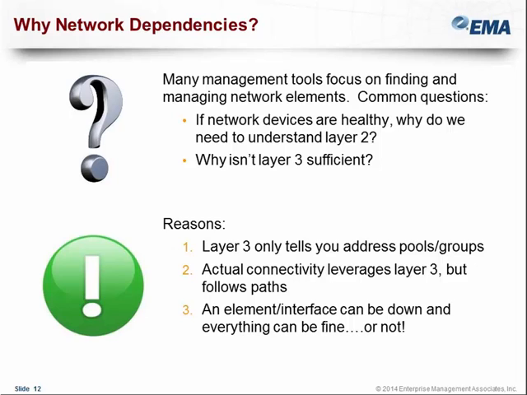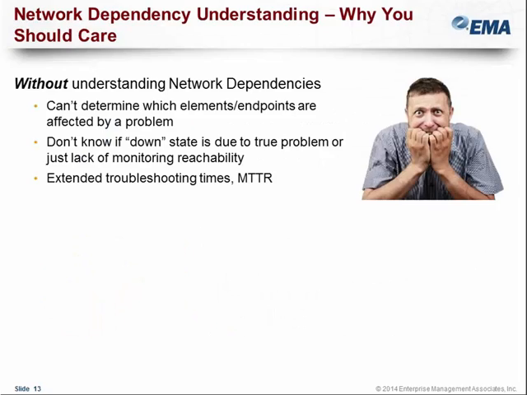So as a result, you don't understand paths. Paths are not a part of layer 3. So if you want to understand the paths, which are really part of the connectivity story, you have to go the next layer down. And the reason why this is important is because without that information, you have an incomplete picture from which to draw conclusions about whether or not everything is operating as you expect.